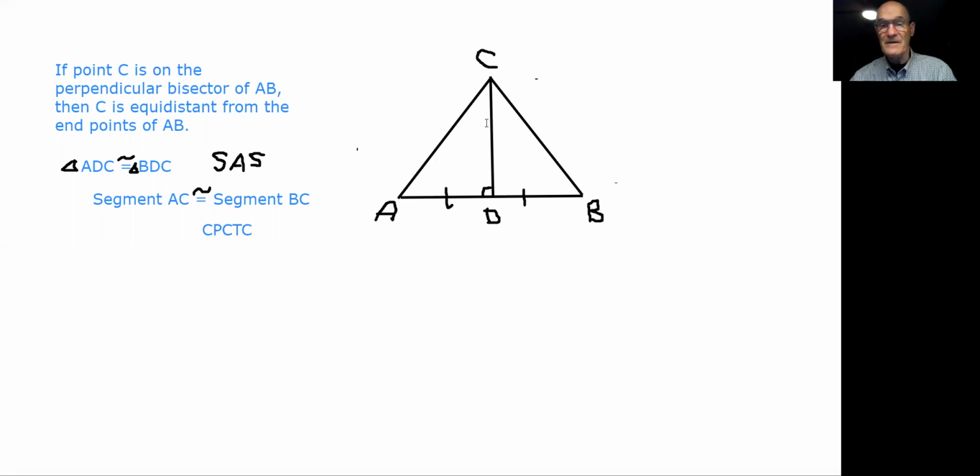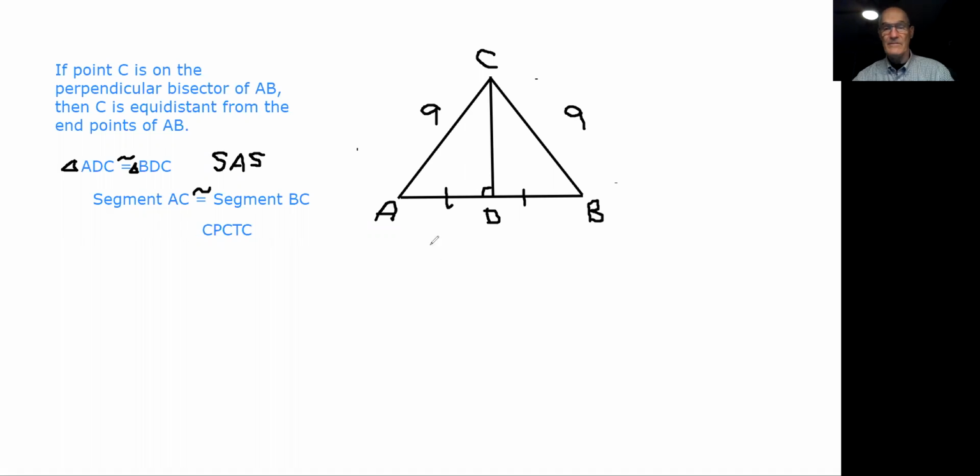For instance, if I say this BC here is 9, then I know automatically that AC over here is 9. Or I tell you that it's on the perpendicular bisector, and that's what that gives us.